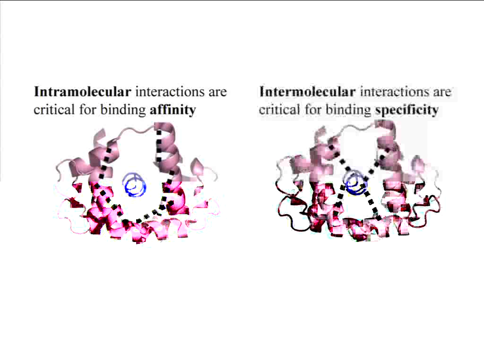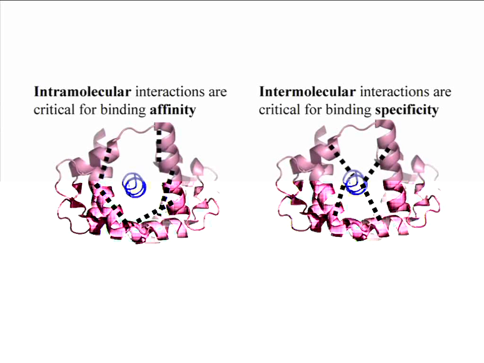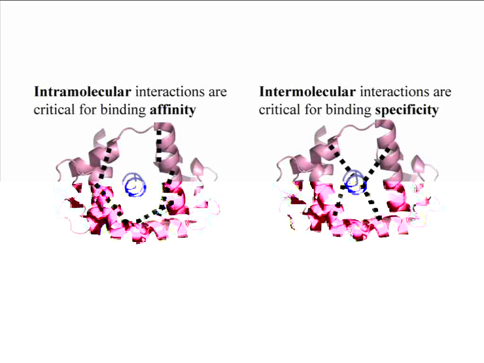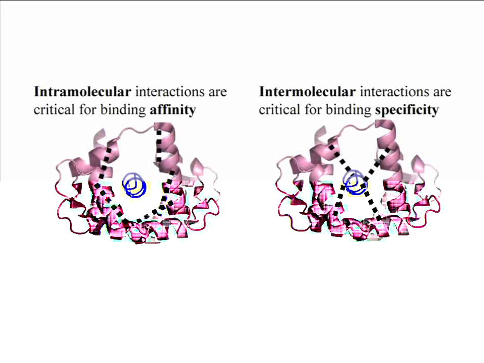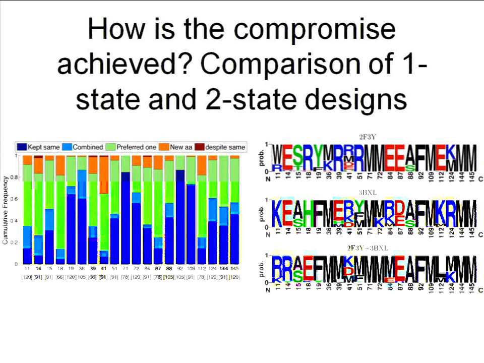So we're able to conclude that the intramolecular interactions are critical for the binding affinity, and they stabilize calmodulin in this binding mode, whereas the intermolecular interactions are critical for conferring specificity to any particular target. But since these targets impose different requirements on calmodulin, the question is how are those requirements integrated to obtain sequences that are compatible with binding two targets at a time? That's our question over here.